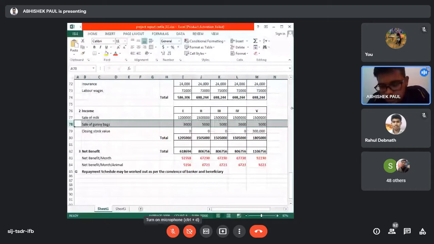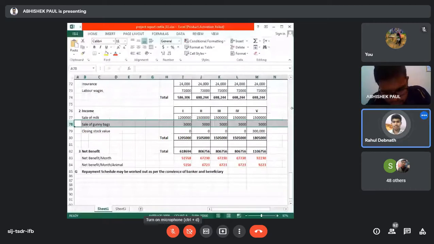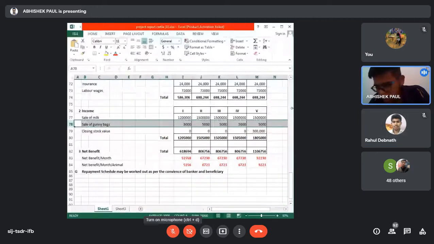Rahul, total amount of concentrate required to feed the cow in the first year, how much? Sir, for the first year for 10 cows, it was approximately... I'm asking the amount, not the cost.